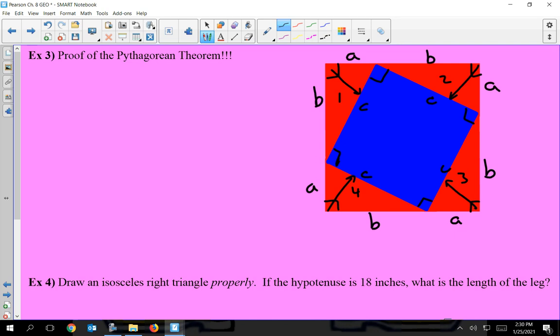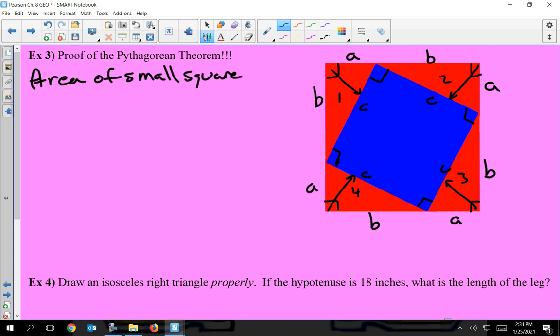So what we want to do is find the area, and there are no numbers here, so you've got to think a little bit outside the box. There are no numbers here, but let's find the area of the small square. I keep saying triangle, I'm sorry, the small square.